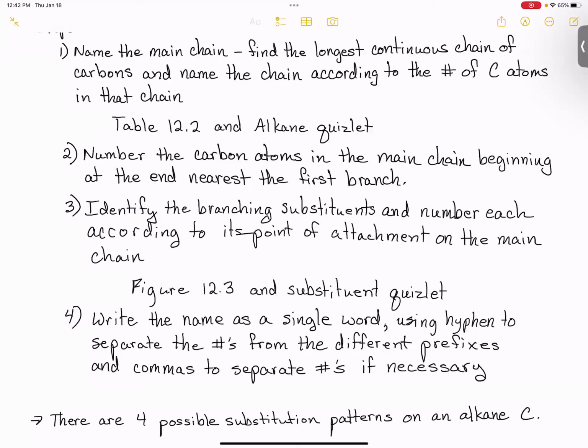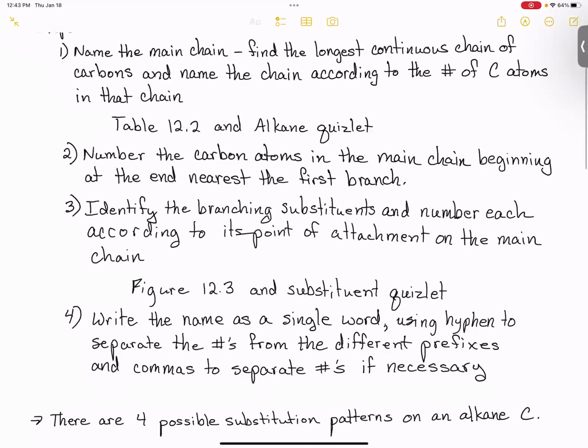We will be using line structures and condensed formulas in order to draw an alkane based on the name. So we're going to be using the stuff that we've already used. Plus, I want to spend some time in class on this because it is a building block for the remainder of the organic section in our course.